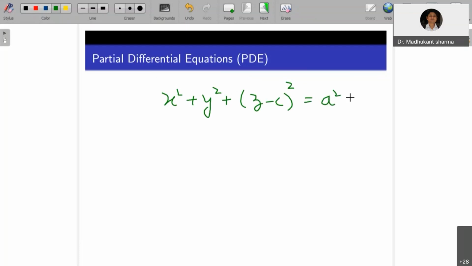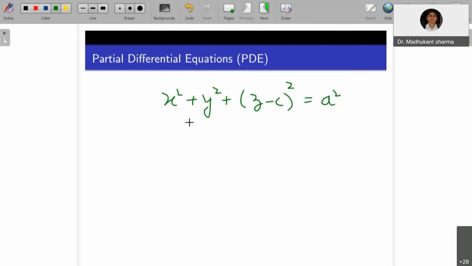I've taken this particular example because it's going to occur again in a little moment. This will denote the family of spheres. So a is fixed or c is also fixed. Whenever a and c vary, you will have a family of spheres.